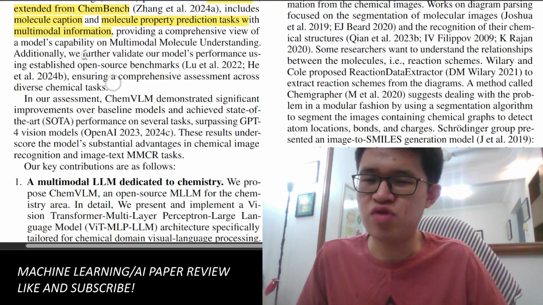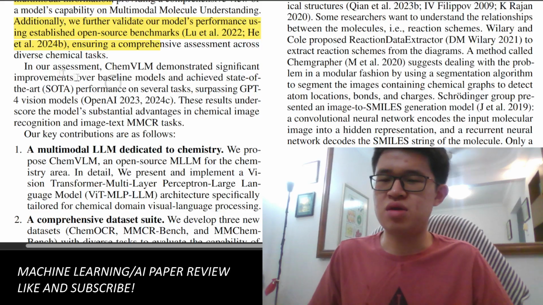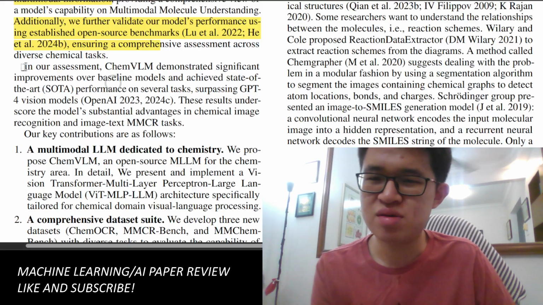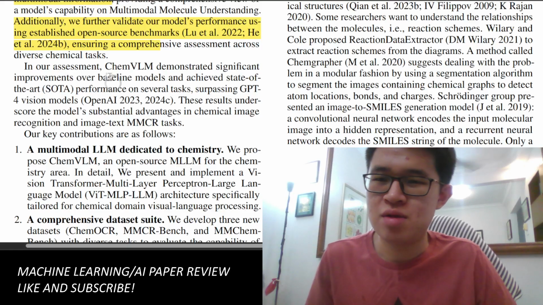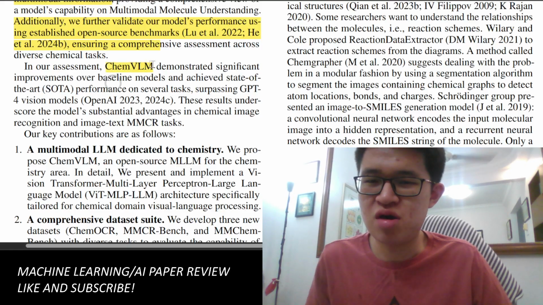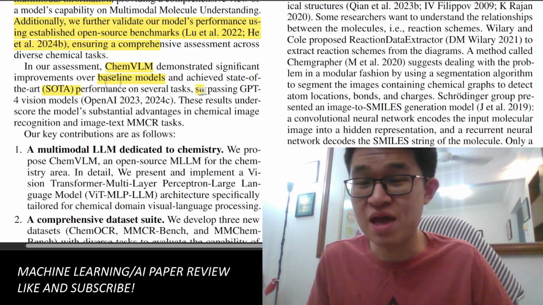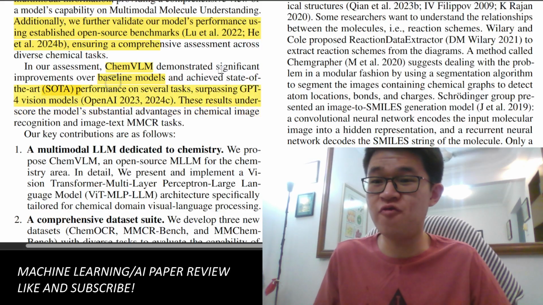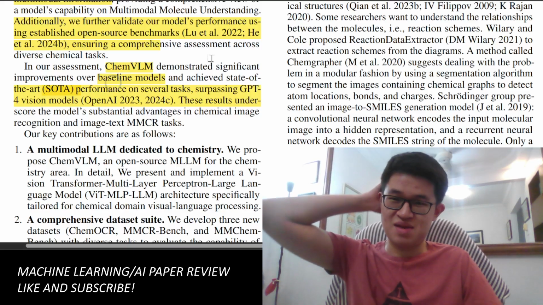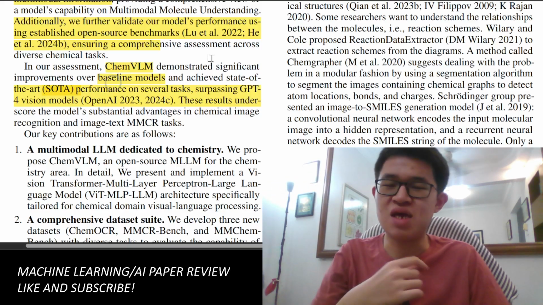And they went on to test it out on open source benchmarks. In their assessment, ChemVLM outperformed the baseline models and achieved state of the art on multiple tasks, surpassing GPT-4 vision models. Now that is incredible.